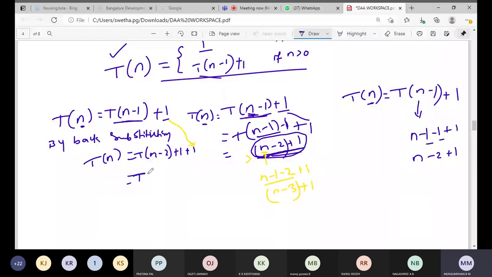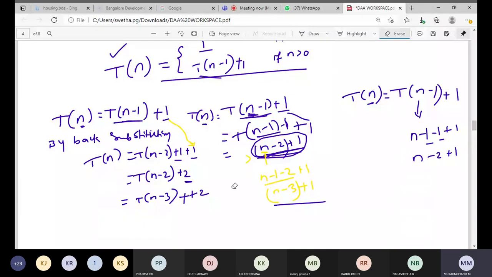So T of n minus 2 plus 1 means plus 2, right? Now for n minus 2 we are getting n minus 3 plus 1. Am I correct? Yes, sir. So it is T of n minus 3 plus 1 plus 2 as it is.